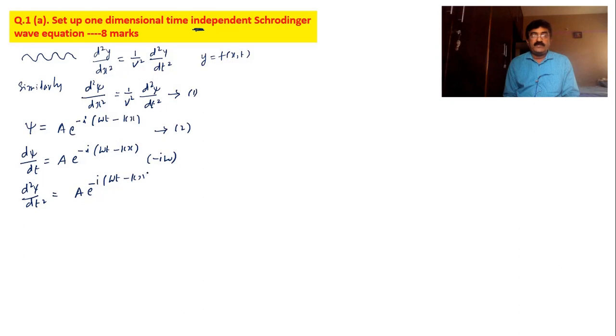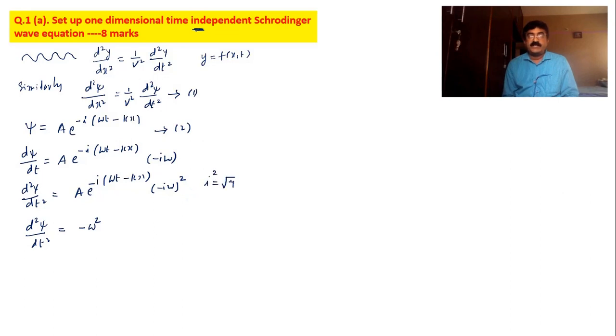into minus i omega whole square. I hope you know the fundamentals of differentiation. So d square psi by dt square is equal to minus omega square psi, because minus into minus is plus, and i square is minus 1, because i is equal to root of minus 1.